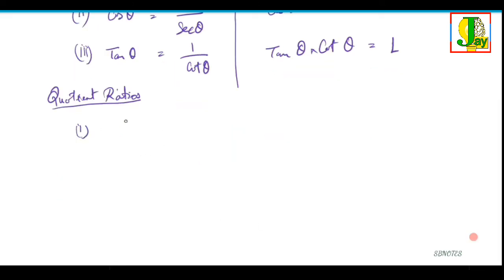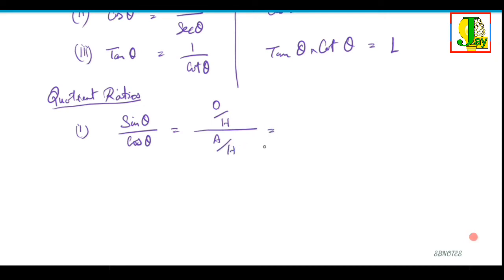So sin theta upon cos theta means, if you remember, sin theta is opposite by hypotenuse, and cos theta is adjacent by hypotenuse.